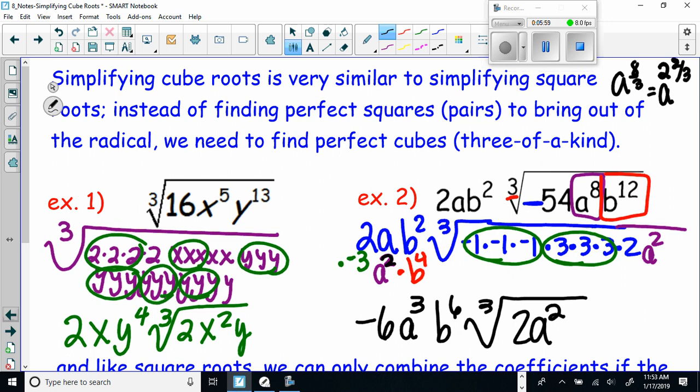And then this little 2 exponent here is where I got this little 2 exponent there. If I took 12 divided by 3, I got 4, and there was no remainder. So if I say b to the 12 divided by 3, it's b to the 4th. So the whole number comes in front of the radical. The fraction stays underneath the radical.